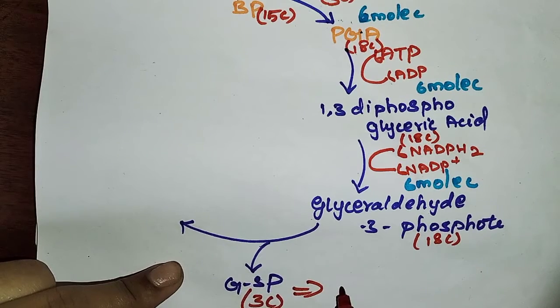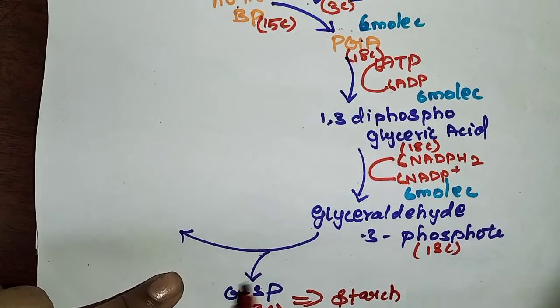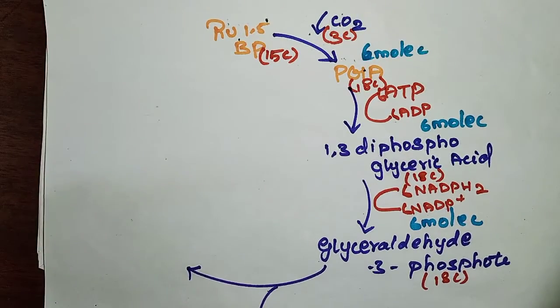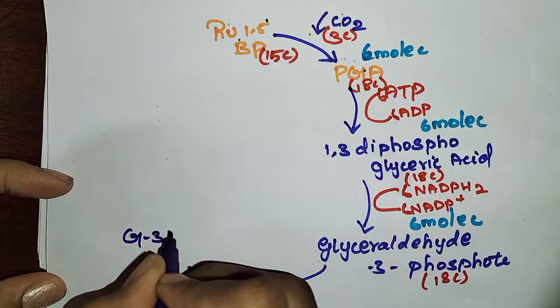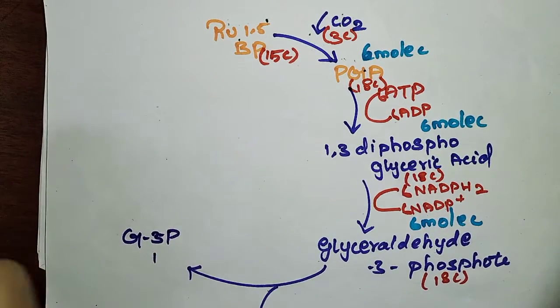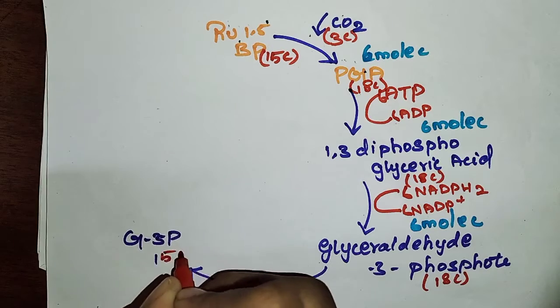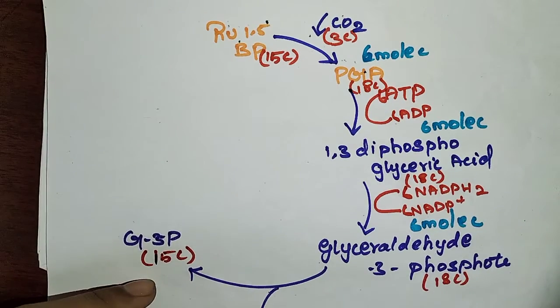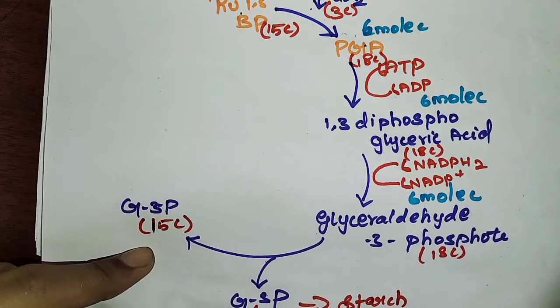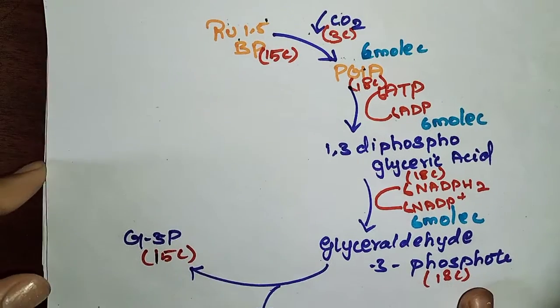This turns over to starch. Now the rest, 15 carbon, is used. This glyceraldehyde 3-phosphate is 15 carbon, because I have fixed 3 carbon here.